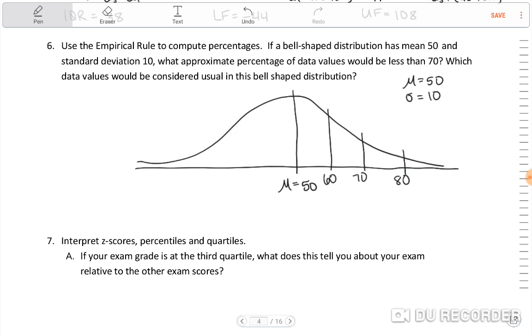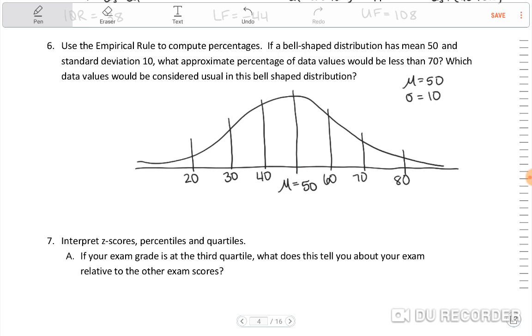Now, if I go backwards, below 1 standard deviation, 2, 3: 50 minus 10 is 40, then minus 10 is 30, minus 10 is 20. This is just a number line, so don't think you're looking at something foreign. How do you put numbers on a number line? The mean's right in the middle, hence measure of center.